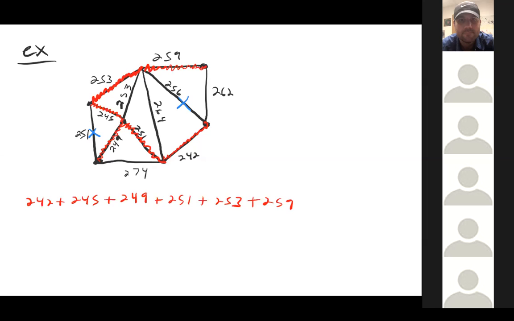So let's add those up now for a minute here. 242 plus 245 plus 249 plus 251 plus 253 plus 259. It looks like it's 1,499 is what I get. That is correct.